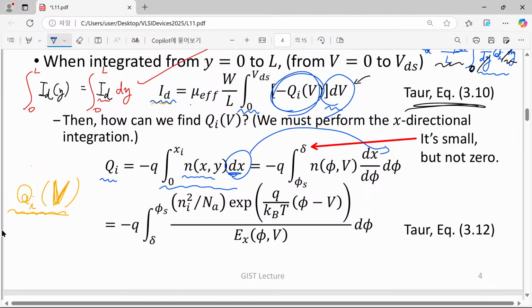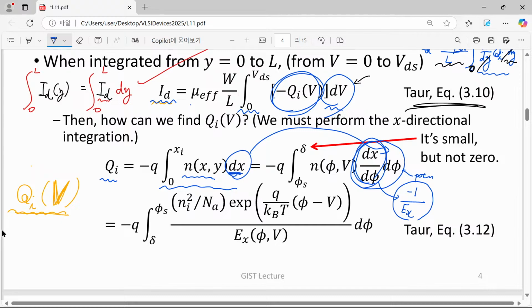Here, dx can be written this way. Once again, phi is potential, and this is nothing but the inverse of our x-directional electric field. So this corresponds to -1 over Ex.